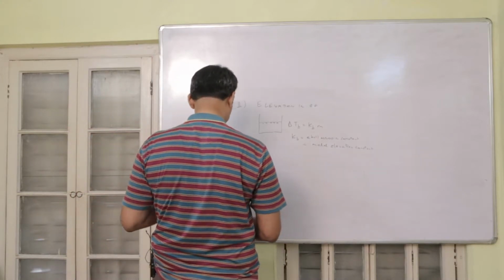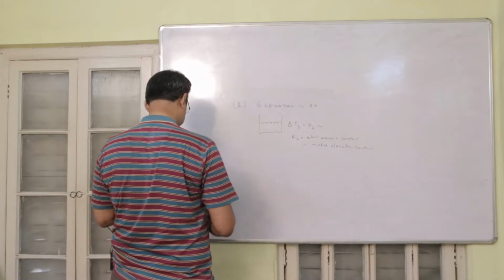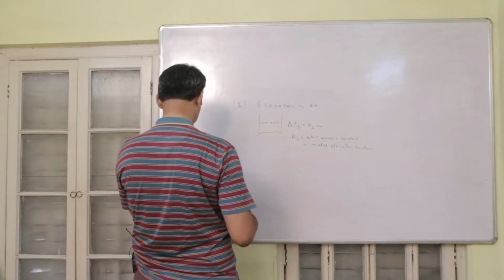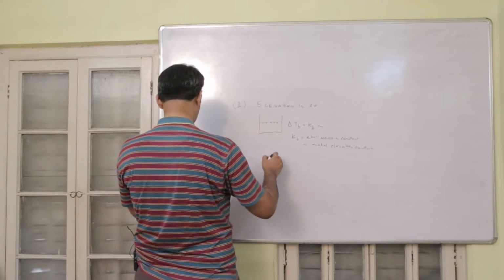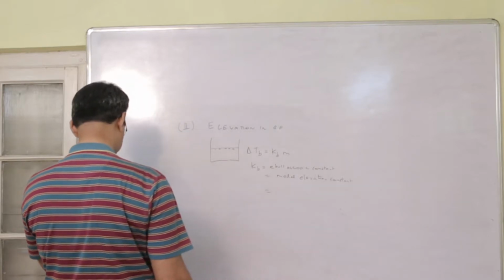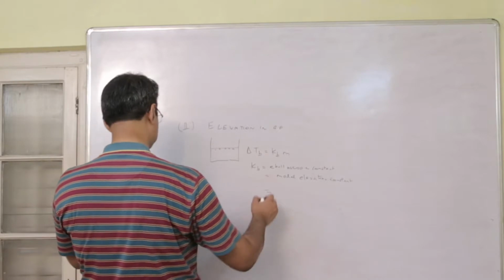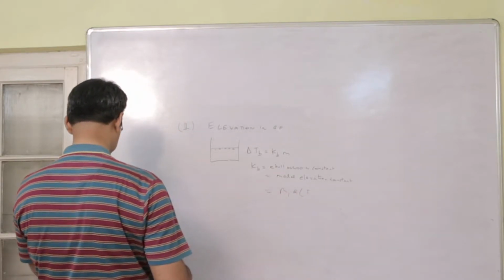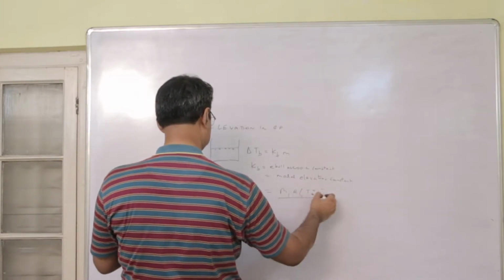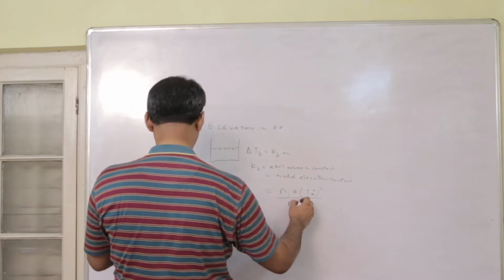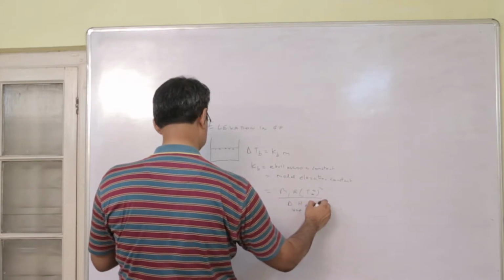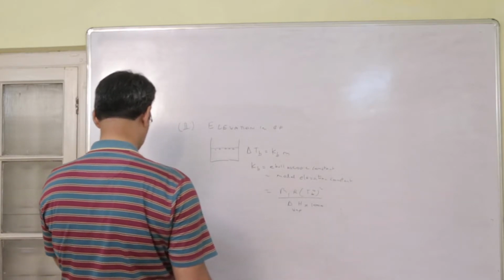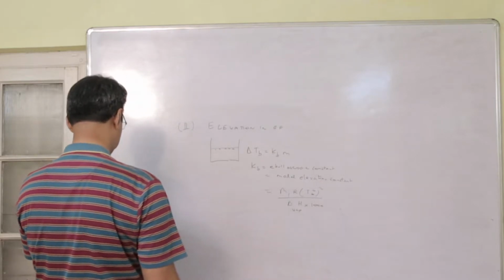Now the value of Kb can be found out with the help of a formula: M1 R Tb naught whole square by delta H vaporization into 1000.